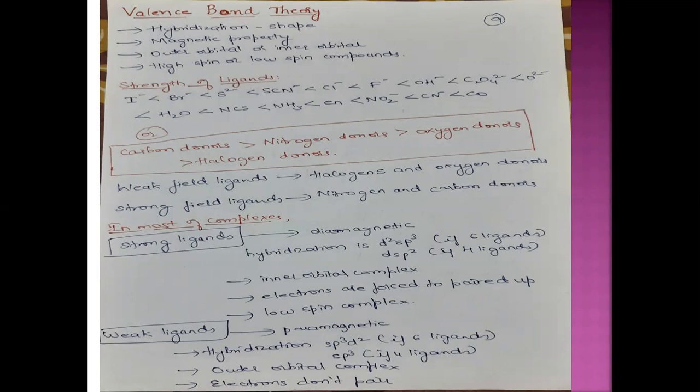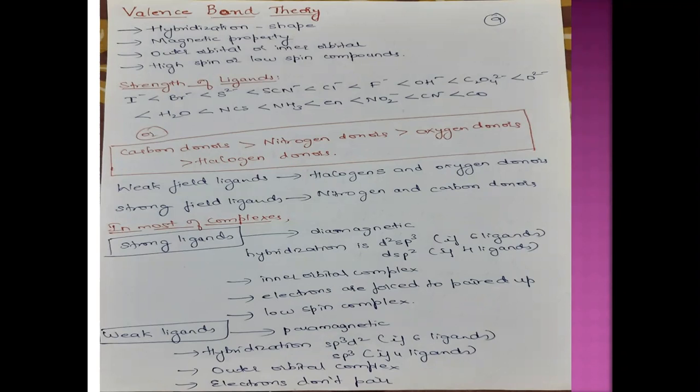Next, based on the hybridization, whether inner orbitals or outer orbitals are involved, you can say whether the complex is an inner orbital complex or an outer orbital complex. Similarly, based on magnetism, you can discuss whether the complex is a high spin complex or a low spin complex. If it is paramagnetic, it will be a high spin complex. If it is diamagnetic, it will be a low spin complex.